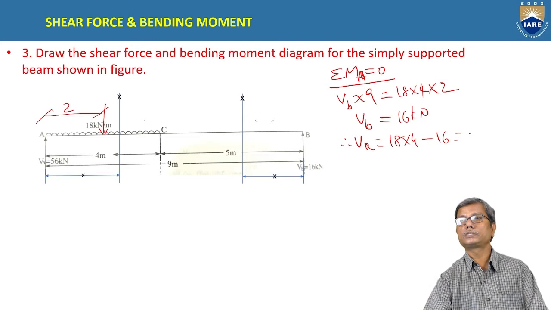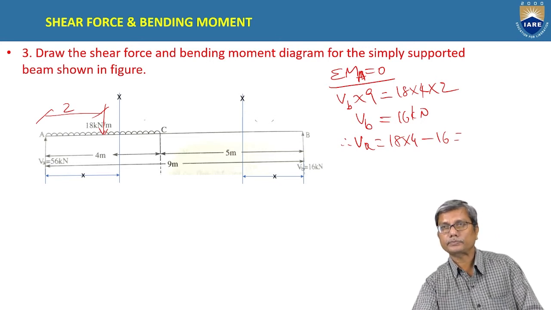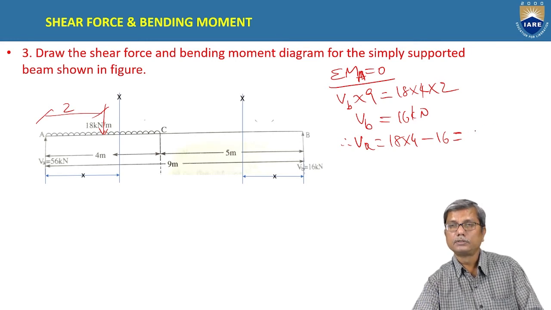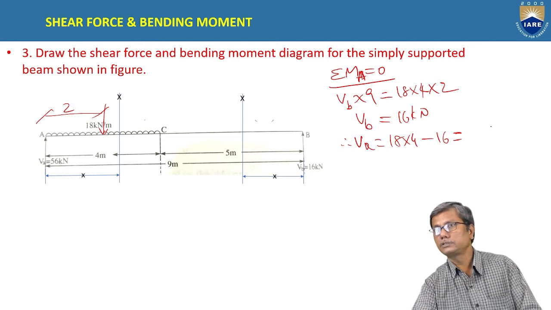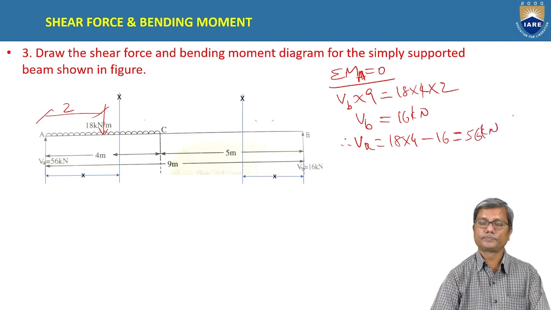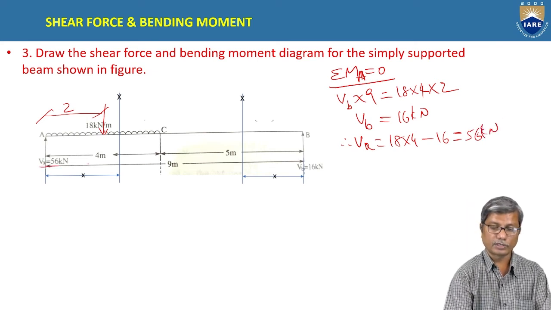Total downward load is 18 into 4. So 72 minus 16. And this gives 56 kilonewtons.